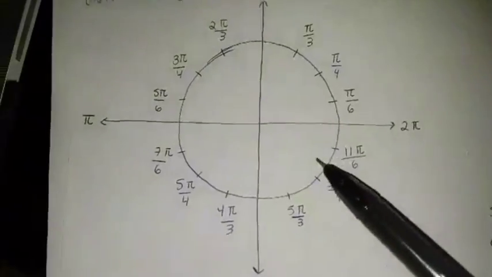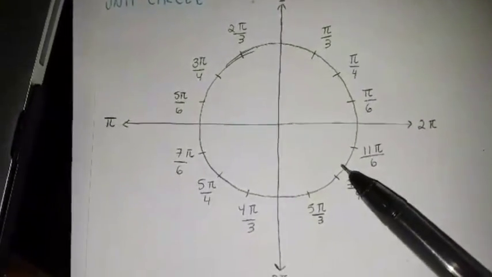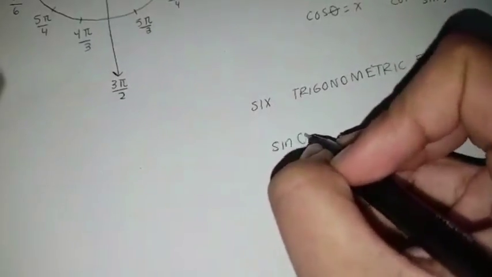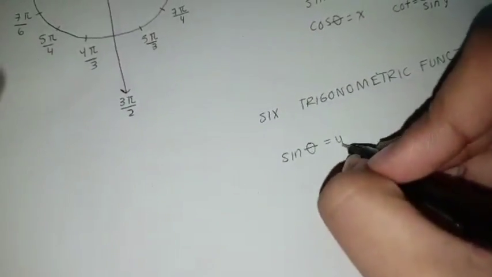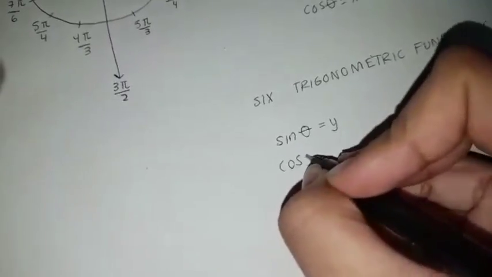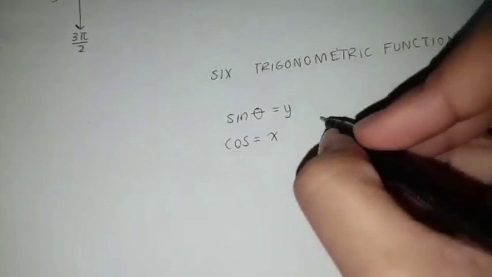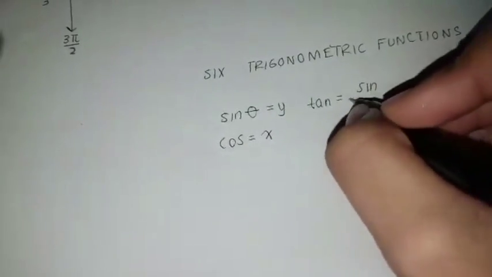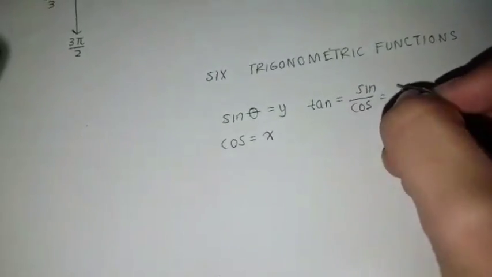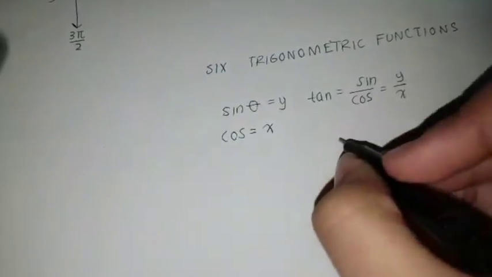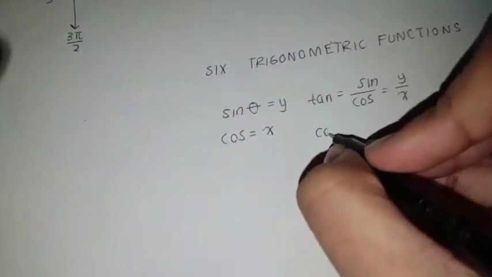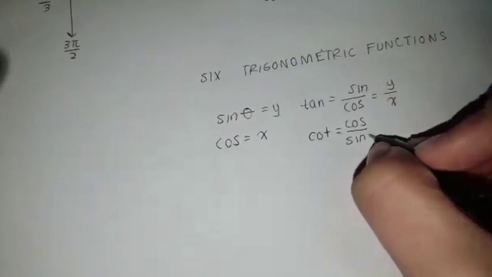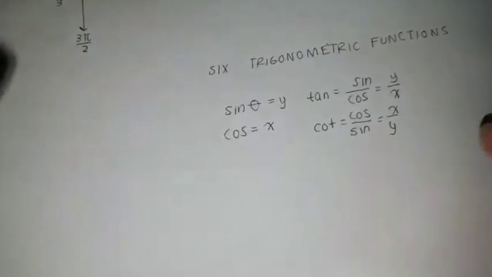First of all, we have our unit circle right here. These are all the values in the unit circle. To get the trigonometric functions, we need to know its value. Sine is equal to y, cosine is equal to x, tangent is equal to sine over cosine, that is equal to y over x. Then we have the cotangent, that is equal to cosine over sine, and it's the same as x over y.